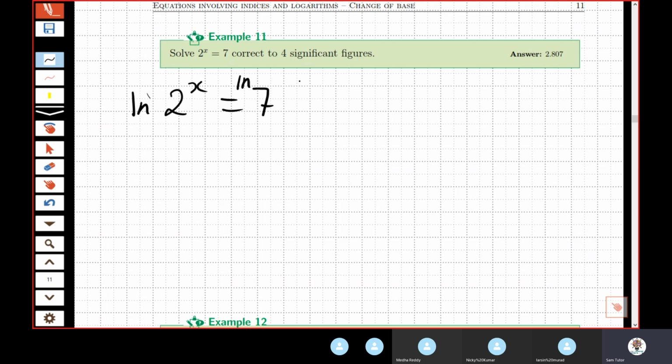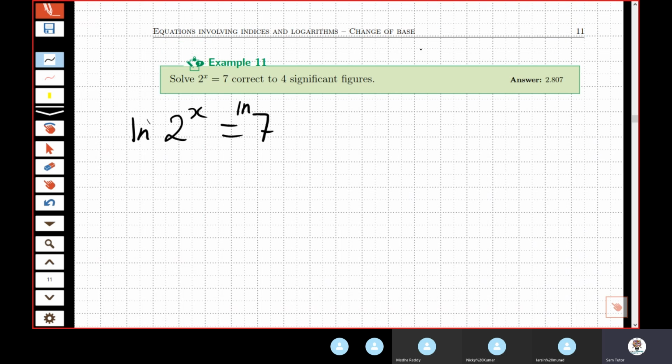Just like if you had a squared, you would say, I don't like the squared there, so what's the opposite of squaring? You would square root both sides. So you log both sides. That's the opposite of the exponential. So it looks like this. Now, what are you allowed to do with this power of x?